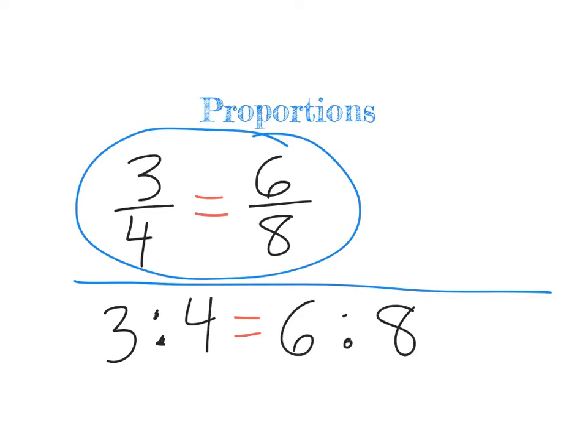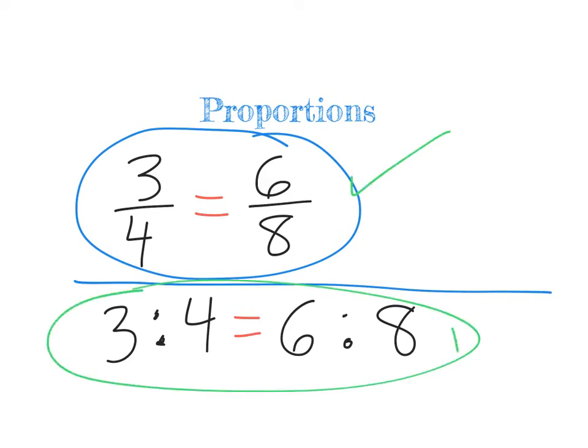That is also a proportion. Sometimes it's written as fractions and sometimes as ratios. Both of the things on the screen are called proportions. The only reason why these are proportions is because they are two sets of equivalent fractions or equivalent ratios, so the two ratios set equal to one another are the same.